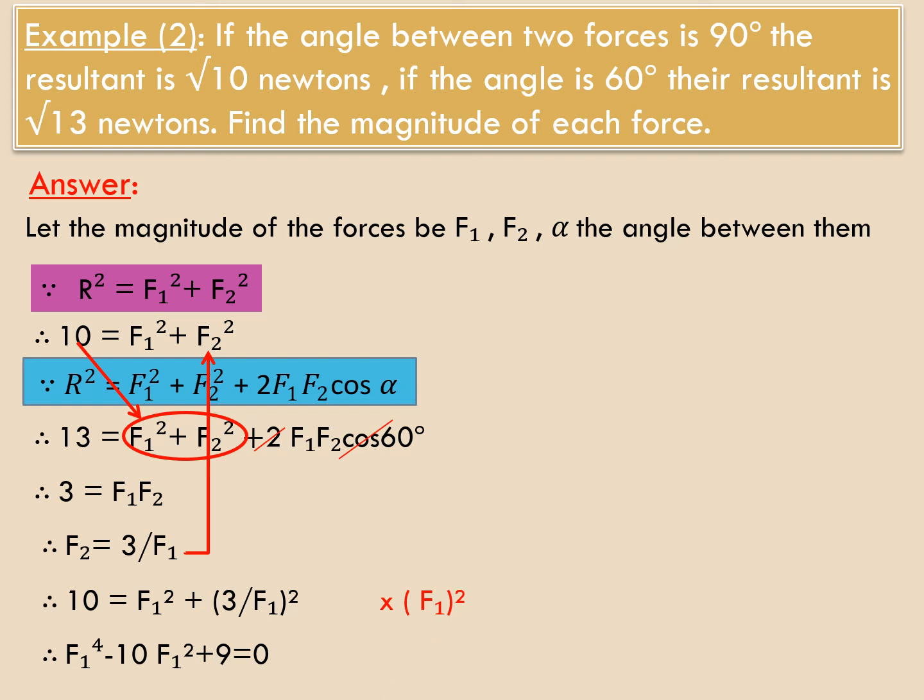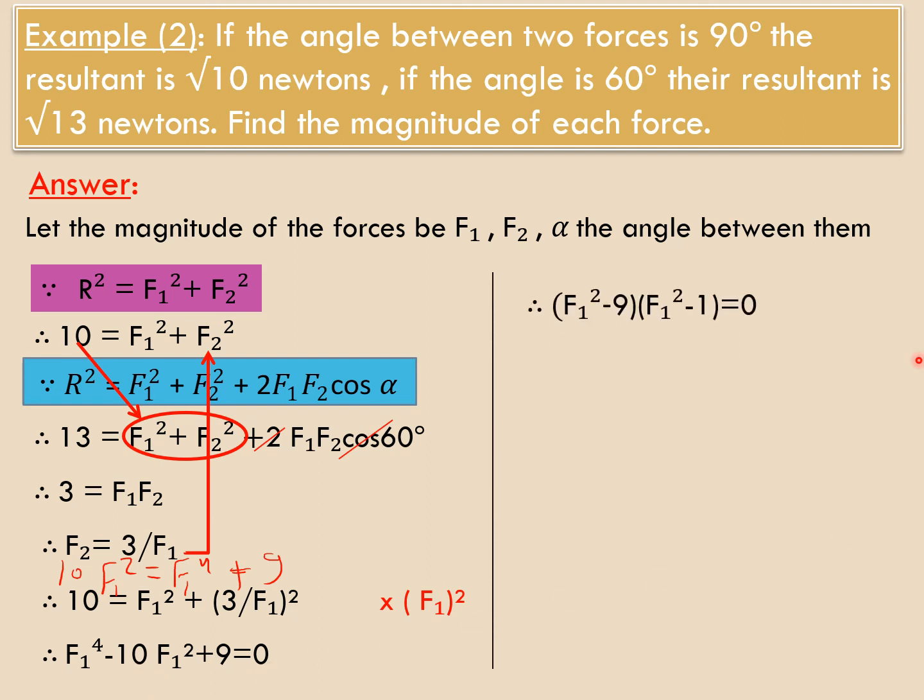So this will be 10 F1 power 2, and this is F1 power 4, and this will be 9. Move 10 F1 power 2 to the other side to make the equation equal 0. So F1 power 4 minus 10 F1 power 2 plus 9 equals 0.